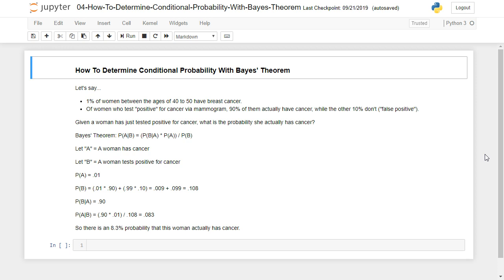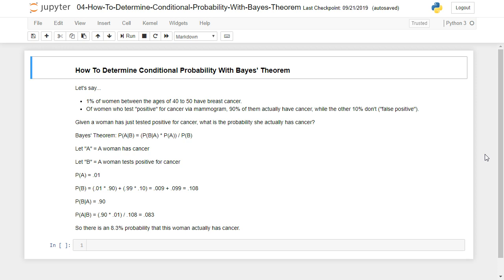Just like we said in our initial description. Now the probability of B is going to be 1% times 90%. Okay, so this would be the 90% that actually have the cancer plus the 99% times the 10% who don't, and mathematically that works out to 0.108.